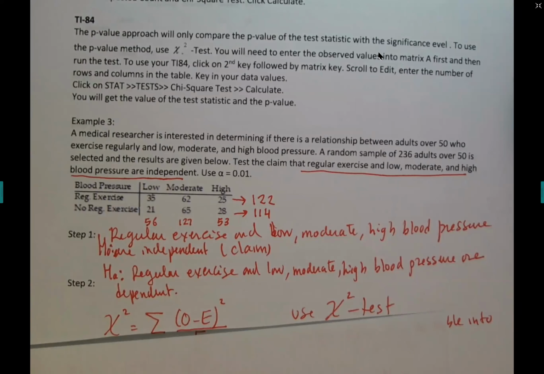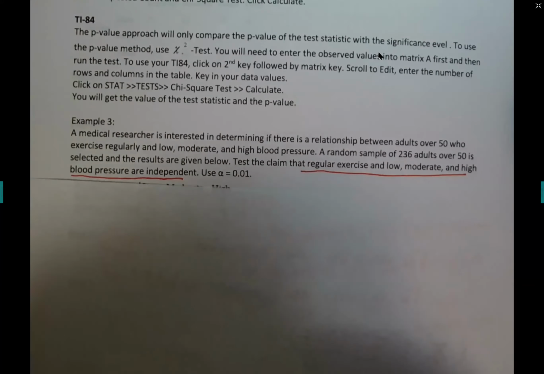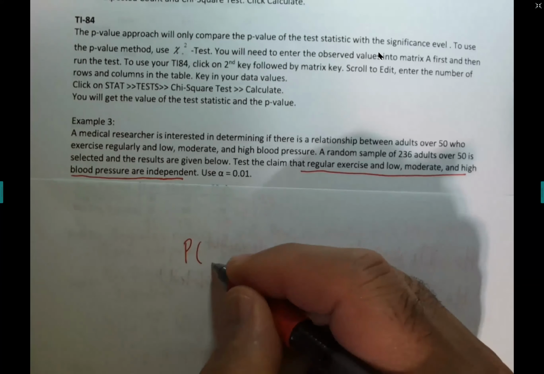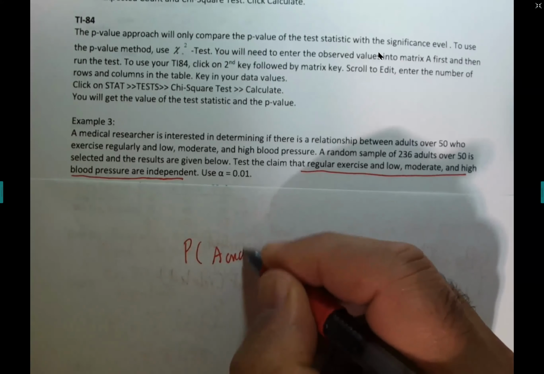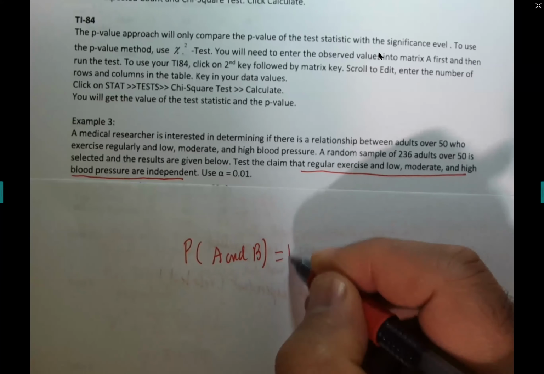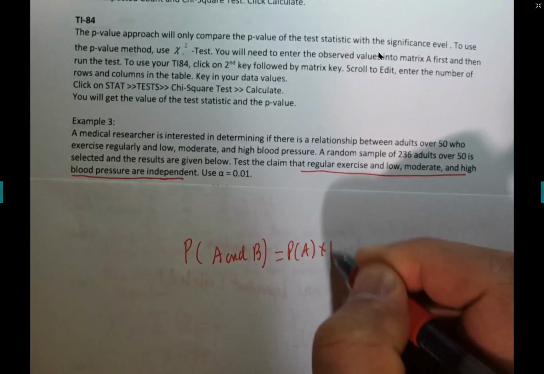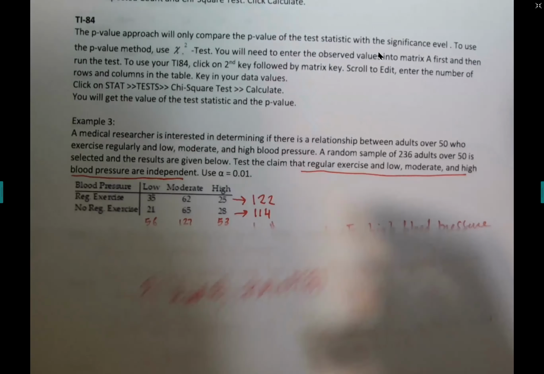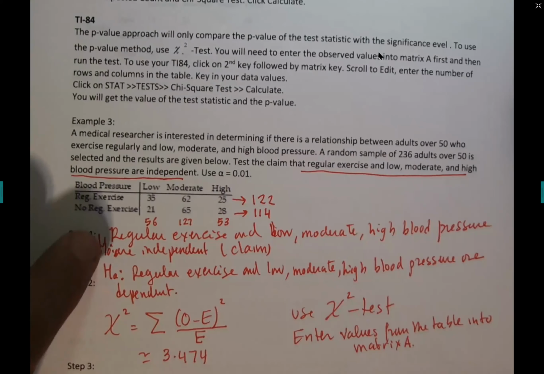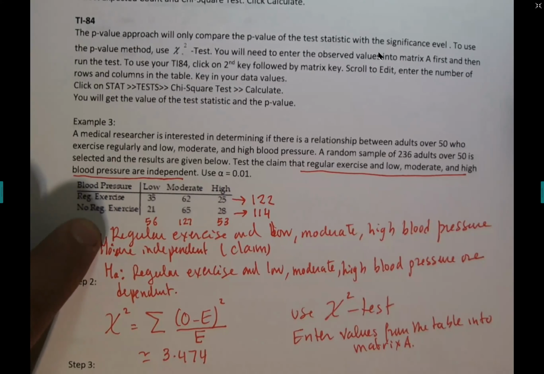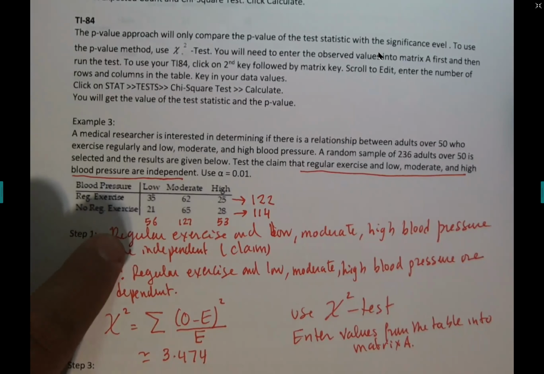All right. You guys know, we learned in chapter 3 that if 2 events are independent, the probability of A and B equals the probability of A times the probability of B. And in a hypothesis test, we assume that the null hypothesis is true until proven otherwise. So we assume that the variables are independent until proven otherwise.